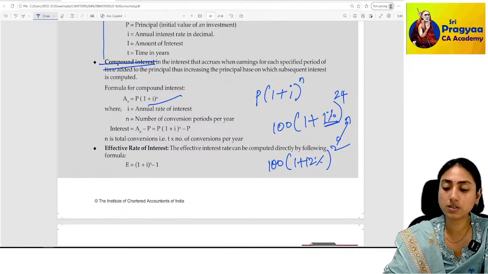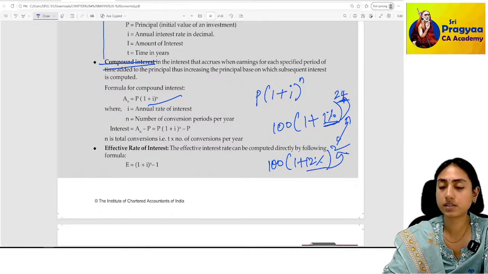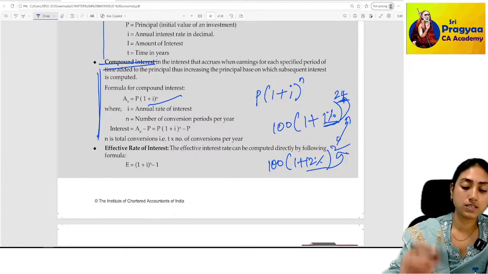So according to this it will change. If I take per annum it changes accordingly, and if I take per month it changes accordingly. So these are the important formulas that you have.